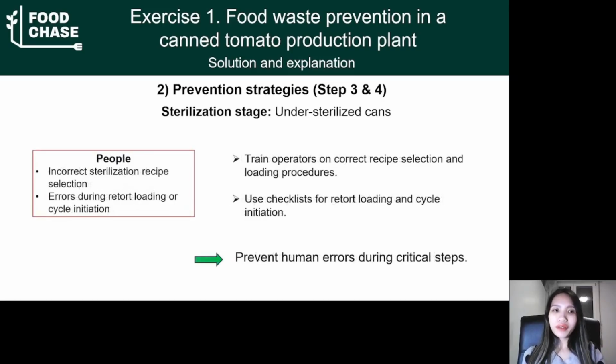For the people factor, like incorrect sterilization recipe selection, or error during retort loading or cycle initiation, we can train operators on correct recipe selection and loading procedure and use checklists for retort loading and cycle initiation. So with this solution, we prevent human error during critical steps.